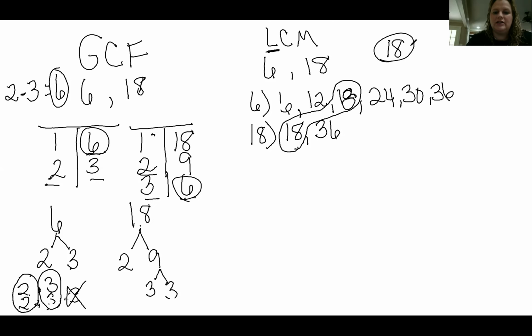Now let's check it the factor tree way. So remember, here we grouped our pairs and then we multiplied those pairs together. Here, the process is a little different. So again, let's factor.